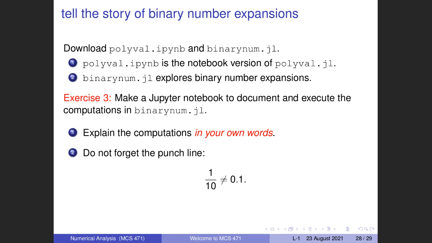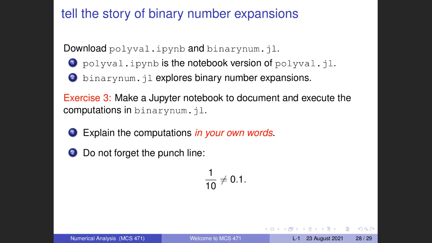Important thing in your answer: explain all the computations. That the numbers are correct, of course, they should be correct, because you will be copying and pasting the code that is in the binary num.al. You will be copying that into execution cells.